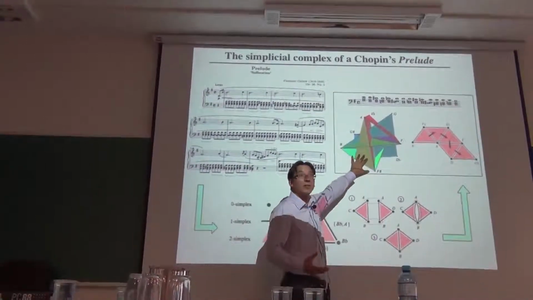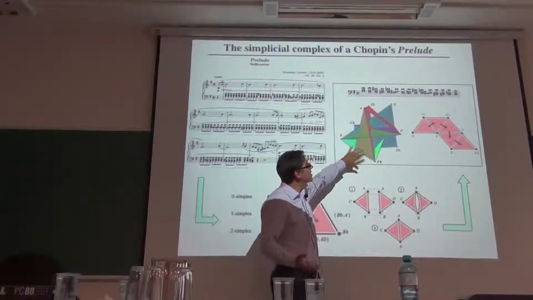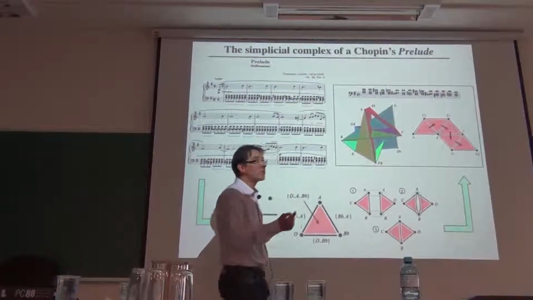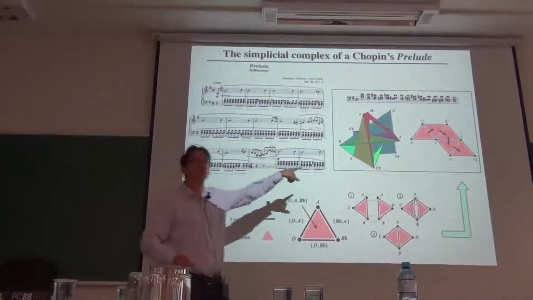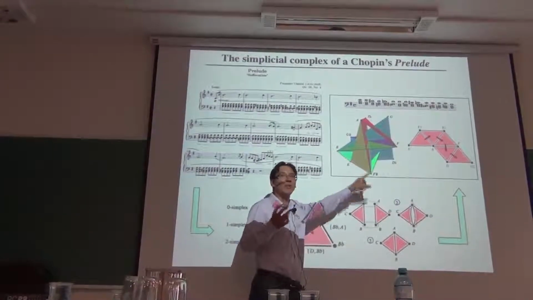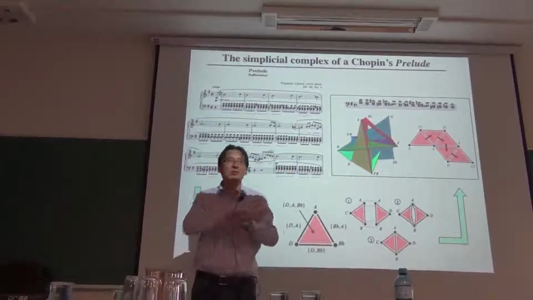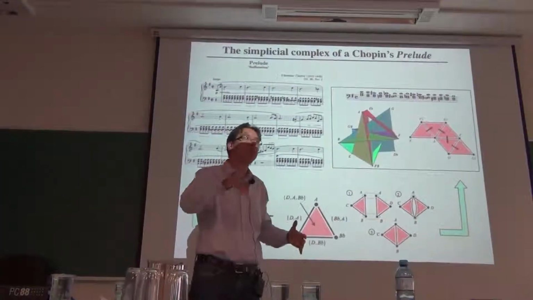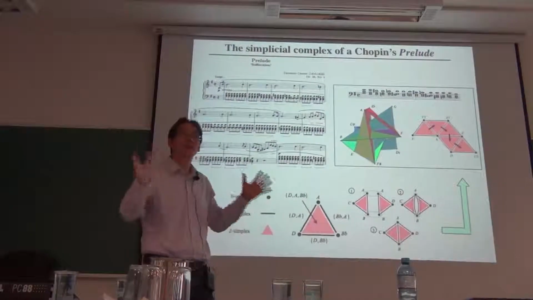A very complicated structure, which is multidimensional, and then you look at how the composer moved in this space. So this is the space generated by the piece. It's a very different approach from the previous one, in which you had your space, the tonnetz, and you were looking at how a piece moves in a given space.